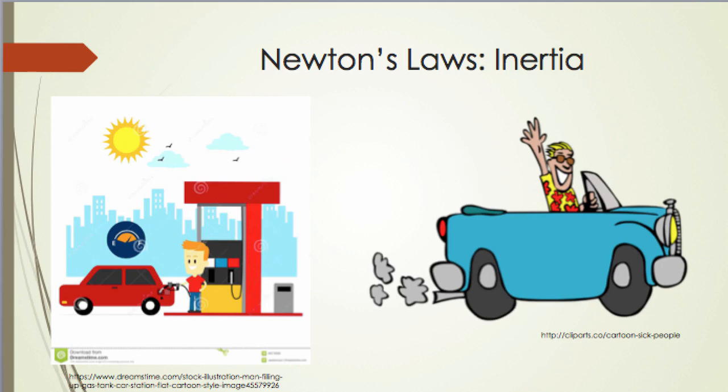So in this example on the left, we have a gentleman filling up his car, and on the right, a gentleman driving the car. So what force is overcoming static equilibrium? Where is the torque producing rotational velocity? What is causing linear displacement of the car?